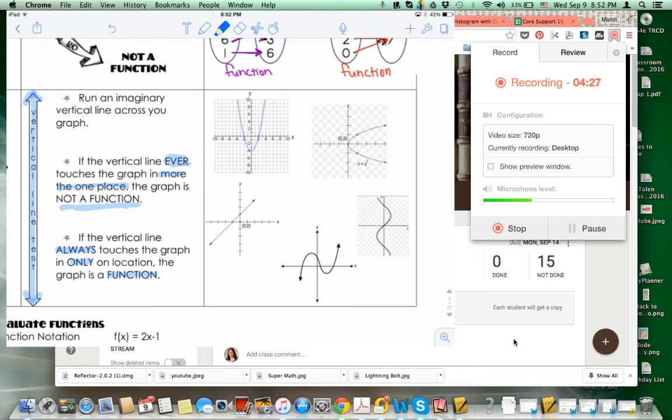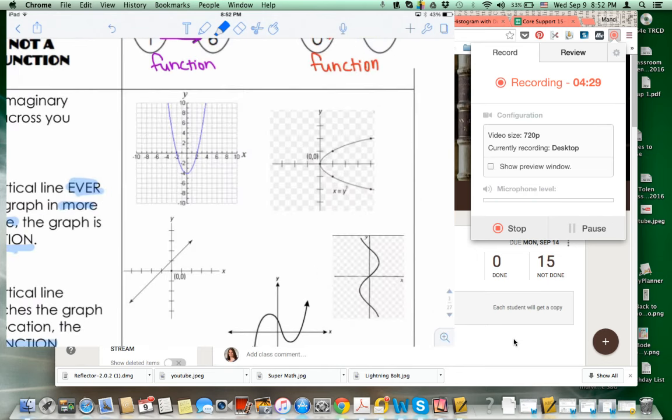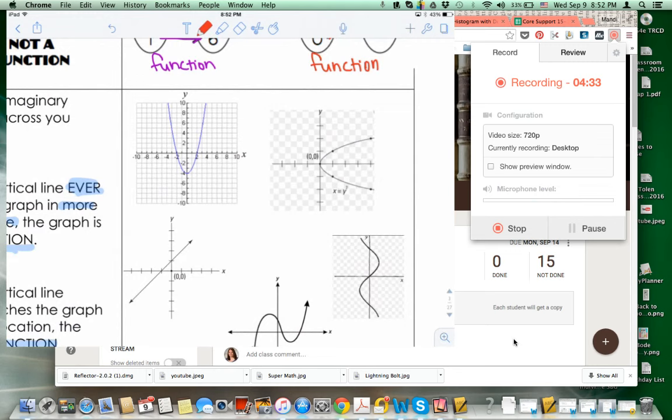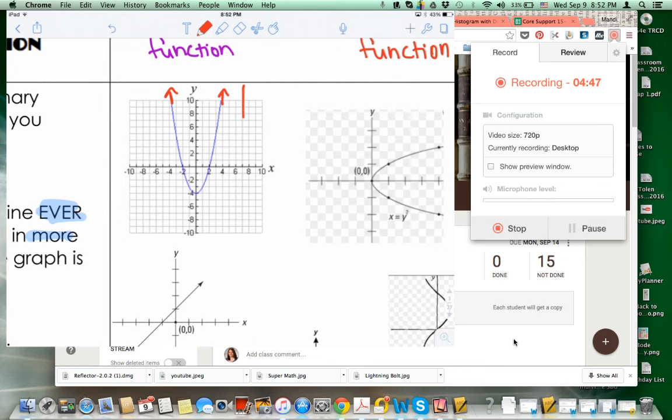So let's check our graphs over here. Draw your vertical line. Now remember, this goes on to infinity. So even if you graphed clear out here to the side, they would eventually intersect.